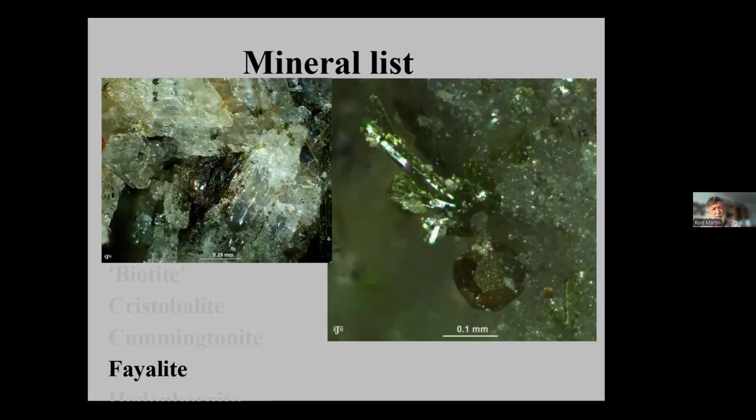And when you do find them, they're pretty cruddy. Being an iron mineral, or having dominant iron in them, they alter very easily. So they're usually quite an unattractive looking specimen.